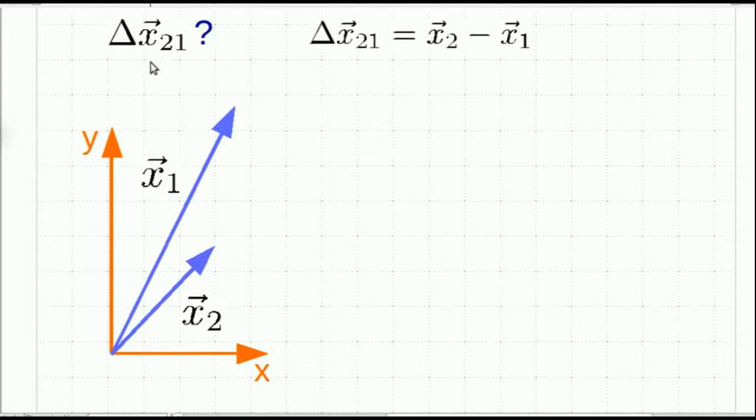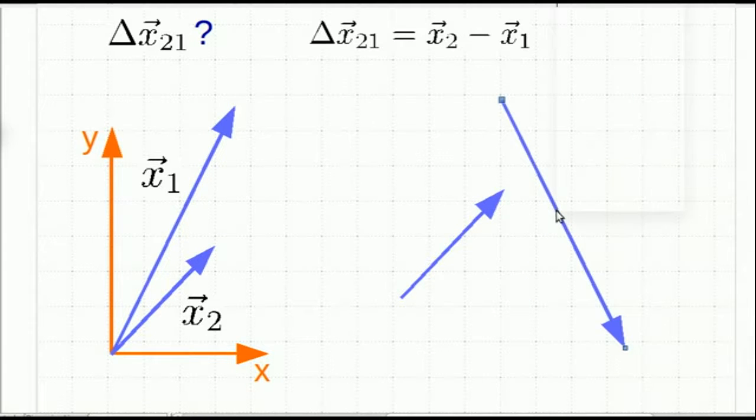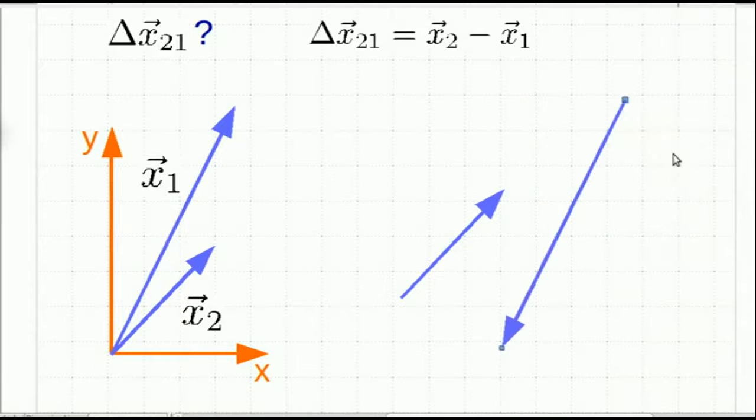Let's carry out that vector subtraction. So I'm going to grab a copy of x2 and throw it over here. And I'm going to grab this copy of x1, and now I'm going to flip it around, which means I have to flip it both horizontally and vertically. And so there we go.